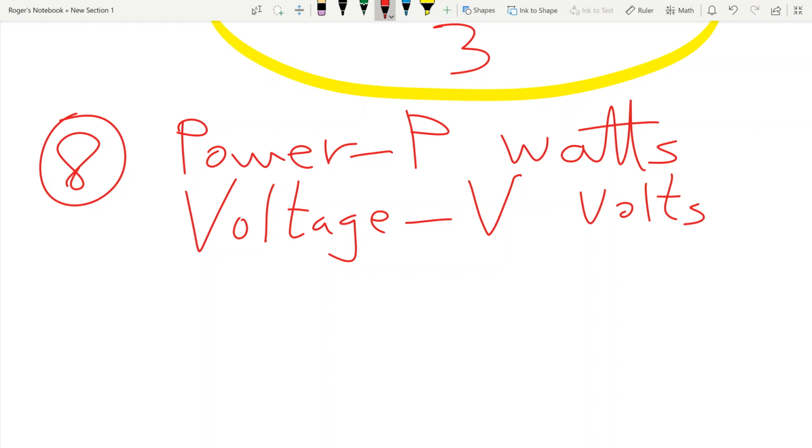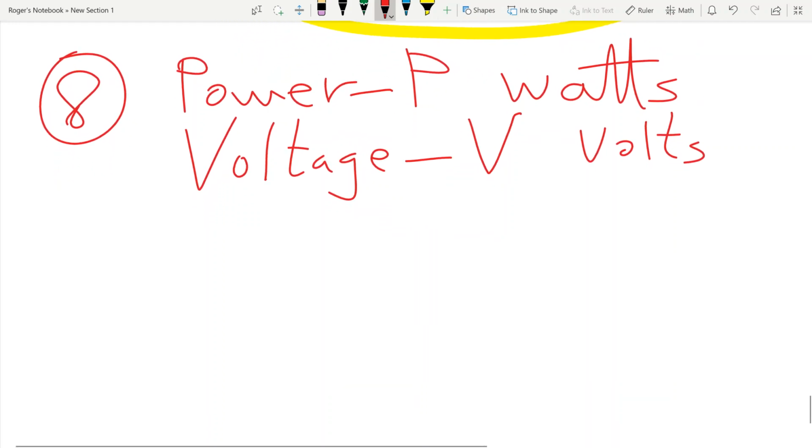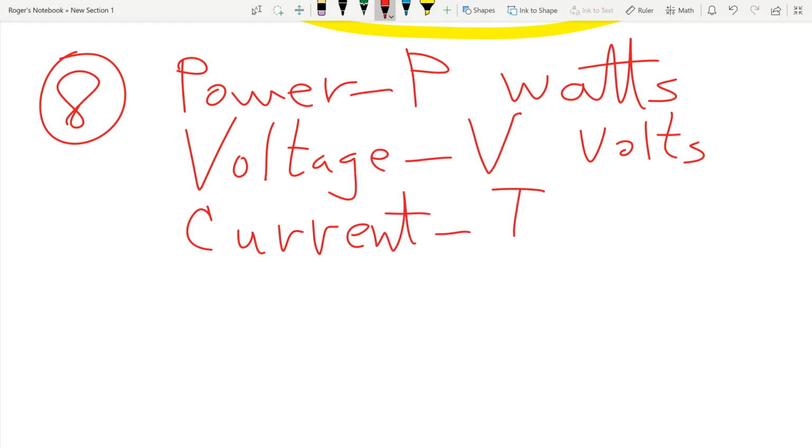And third, we're going to be talking about current, which is represented by the letter I. It's measured in amps.